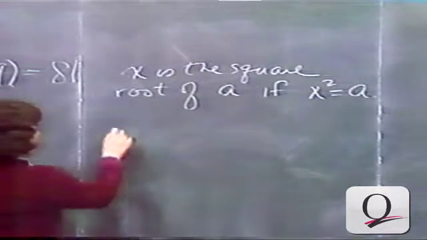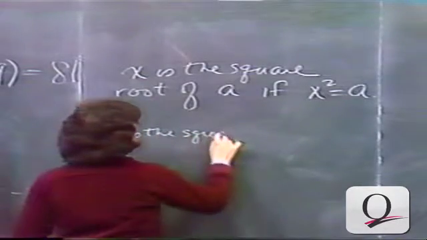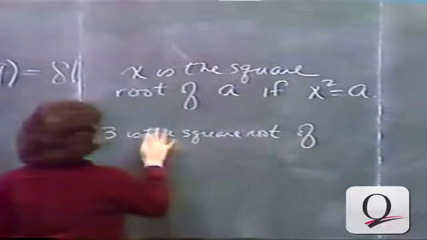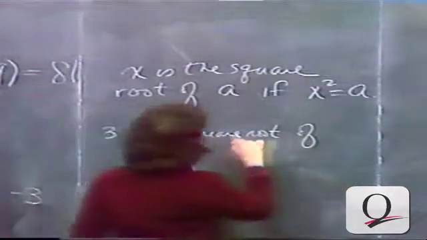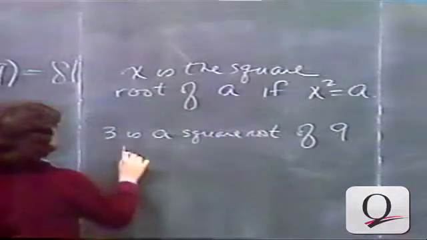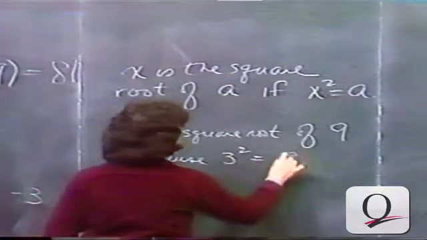So we say 3 is a square root, because a number can have more than one square root. 3 is a square root of 9 because 3 squared equals 9.